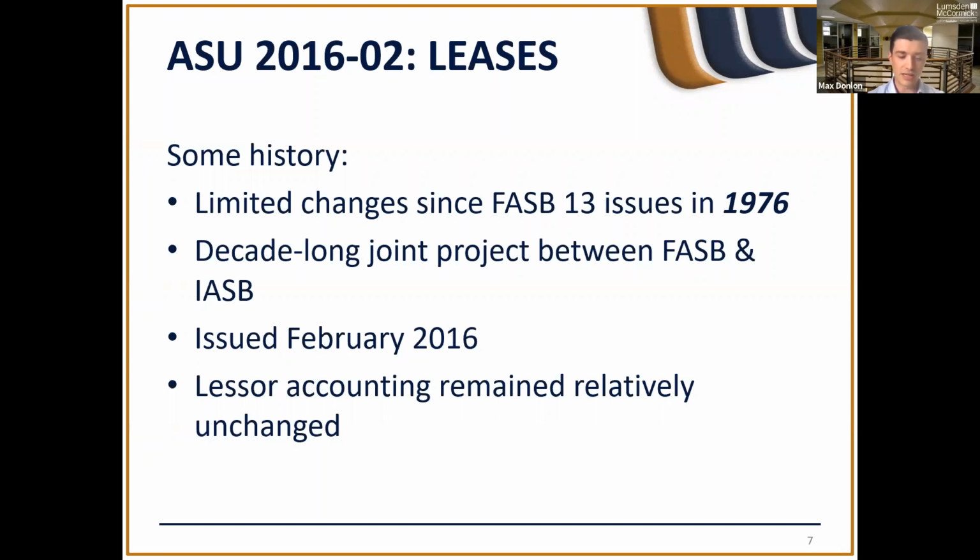For our purposes today, we'll focus primarily on the lessee accounting, as the lessor accounting changes are relatively minor. In general, these changes to lessor accounting are centered around aligning the accounting with revenue recognition requirements, which you may recall from a few years ago, which fell under ASC topic 606.